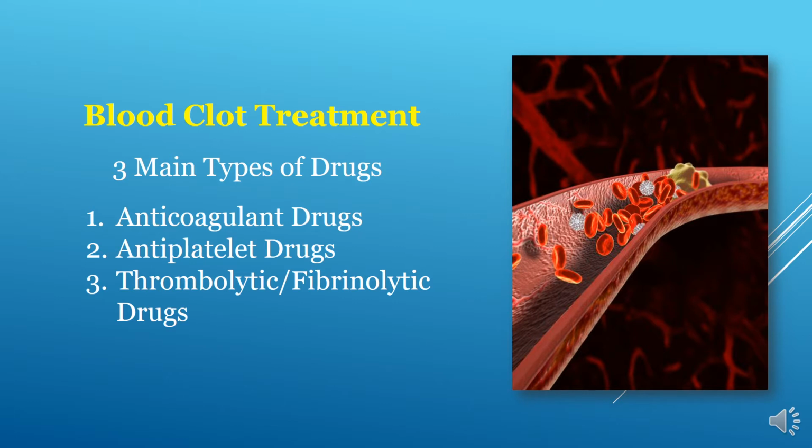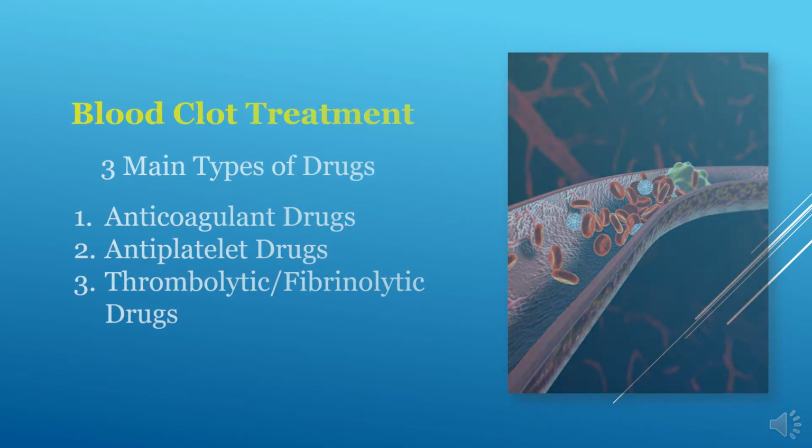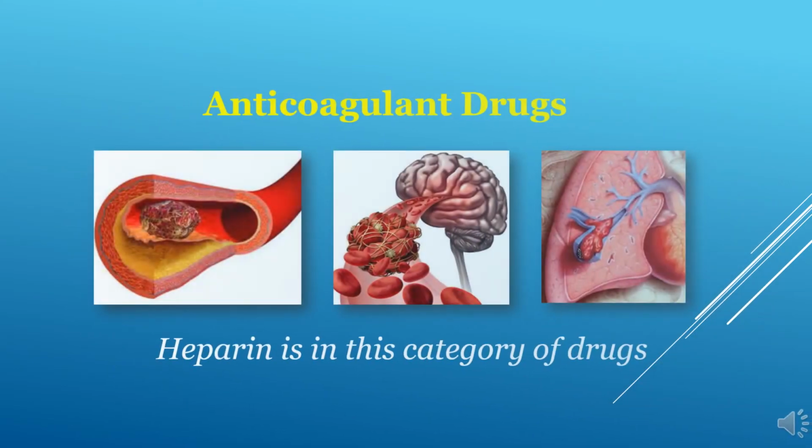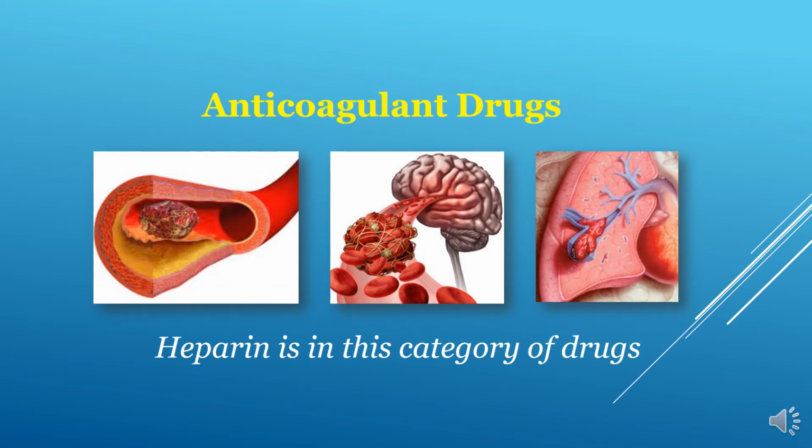There are three main types of drugs routinely prescribed in blood clot management: anticoagulant drugs, antiplatelet drugs, and thrombolytic or fibrinolytic drugs. Anticoagulant drugs are for patients with a tendency to form clots in the slow-flowing blood of the venous system, but they can also be used to treat or prevent clots in the arteries, brains, or lungs.